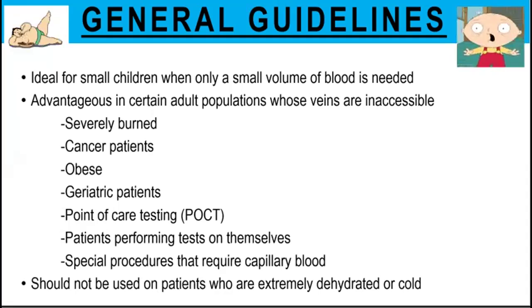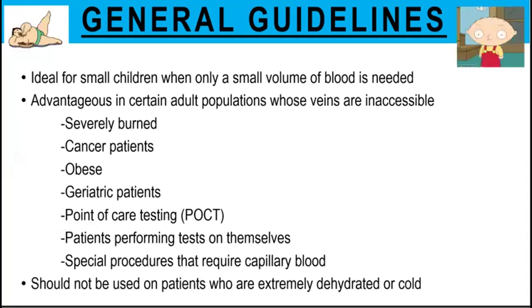There are instances wherein we need to perform capillary puncture on adults. But ideally, class, if the patient is an adult, you do venipuncture. But there are cases where we need to perform capillary puncture. The following are the examples. If the patient is severely burned, the blood will contain tissue fluids, which is why it's not ideal for venipuncture.